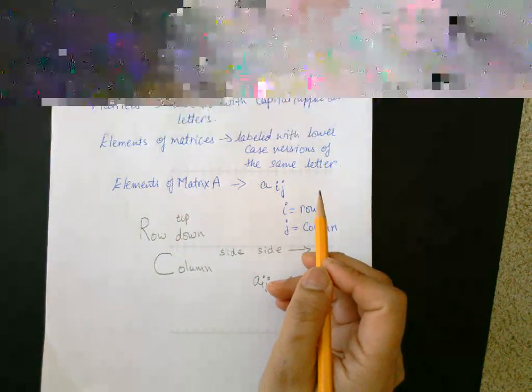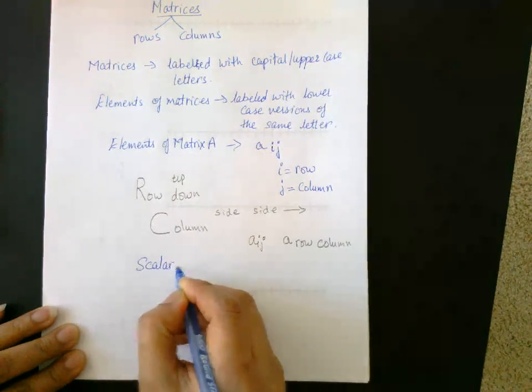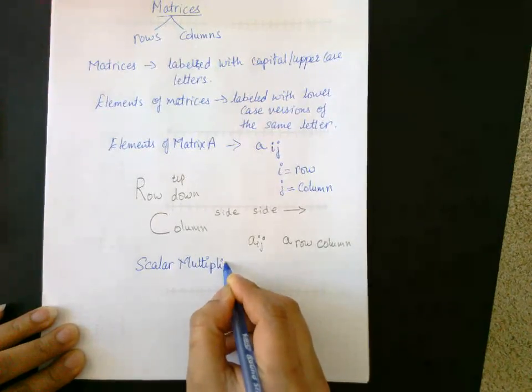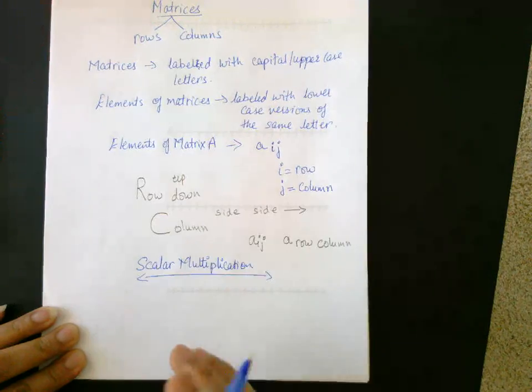Now, it's called scalar multiplication. What is scalar multiplication?